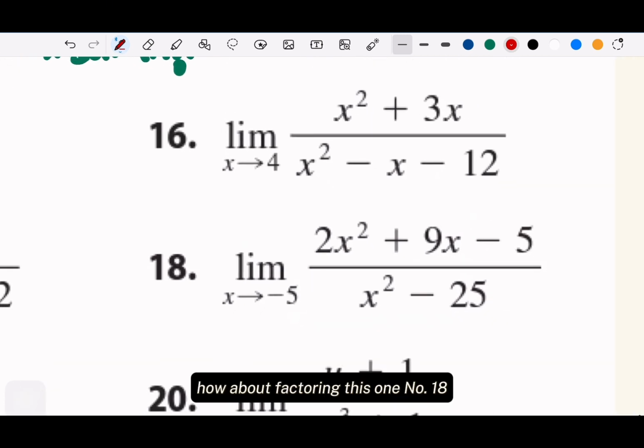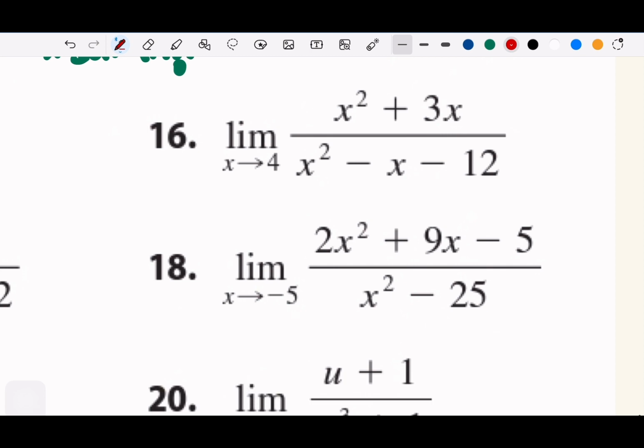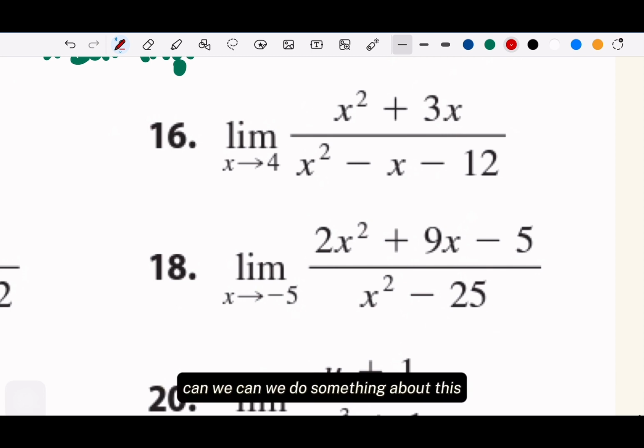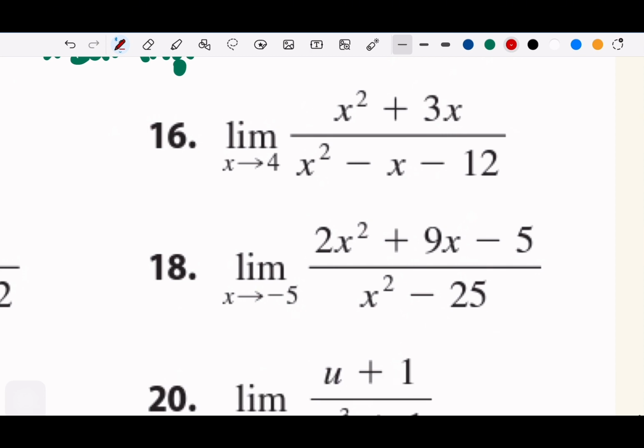How about factoring this one? Number 18. Can we do something about this? First we check, okay, 5, here's 0, 0 on the bottom.